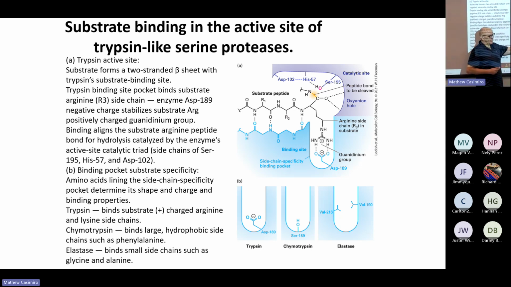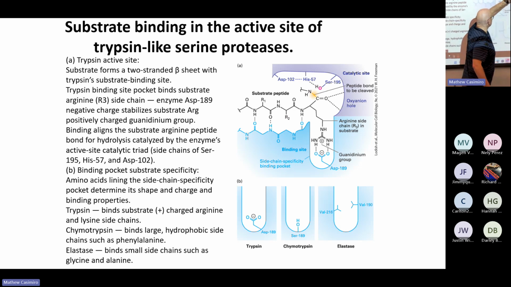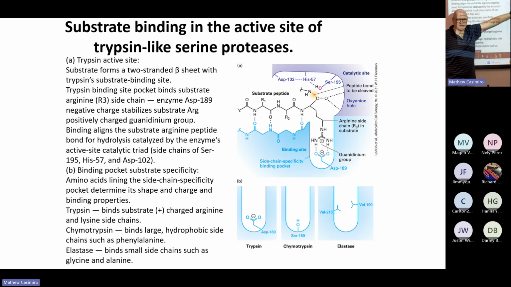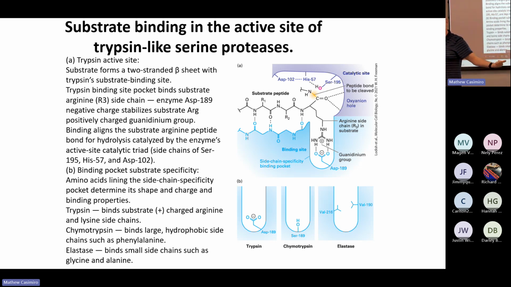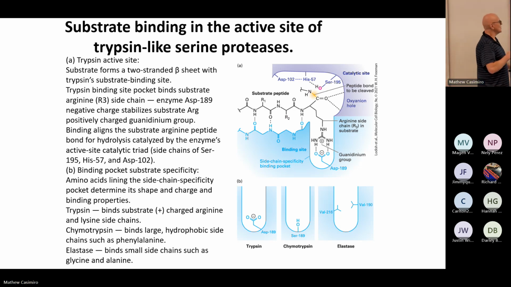The active site of the protease contains both the substrate binding and the catalytic site. Right? Here we have the peptide, which is going to be cleaved, in black. The enzyme here, which is the catalytic site and the substrate binding site, forms a pocket into which the peptide fits.